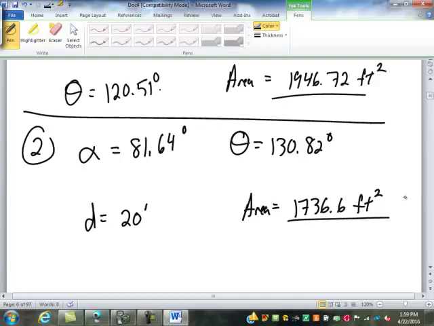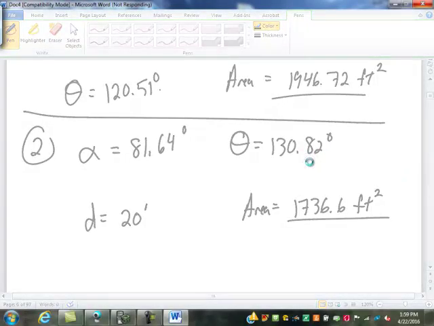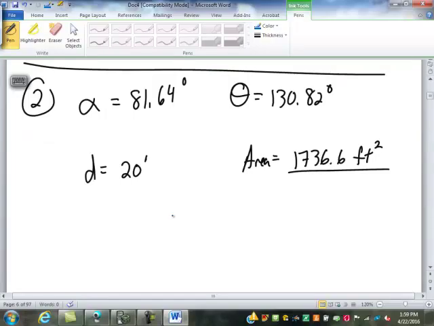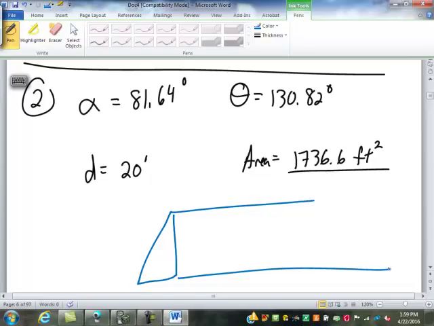I got the first one, and I got D, and I got the roof area. But this one didn't come out? What'd you get for theta? 149.75. Because when you're looking at the side of the roof, you have this common rafter length, and this is your setback.